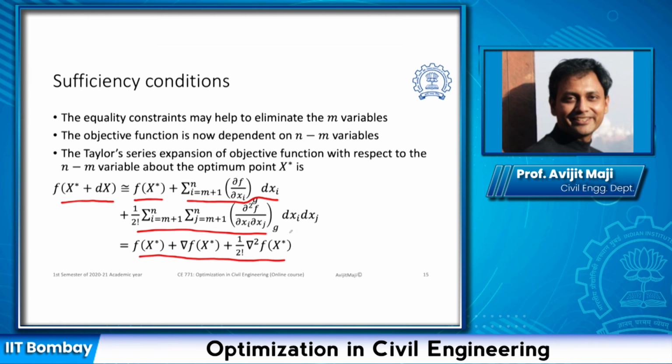Here is one interesting thing, that at the optimum point we know the slope or the first order derivative is equal to 0. Then we can clearly see that the function value in the neighborhood of x star, the optimum point, will depend on the function value at the optimum point and the second order derivative.